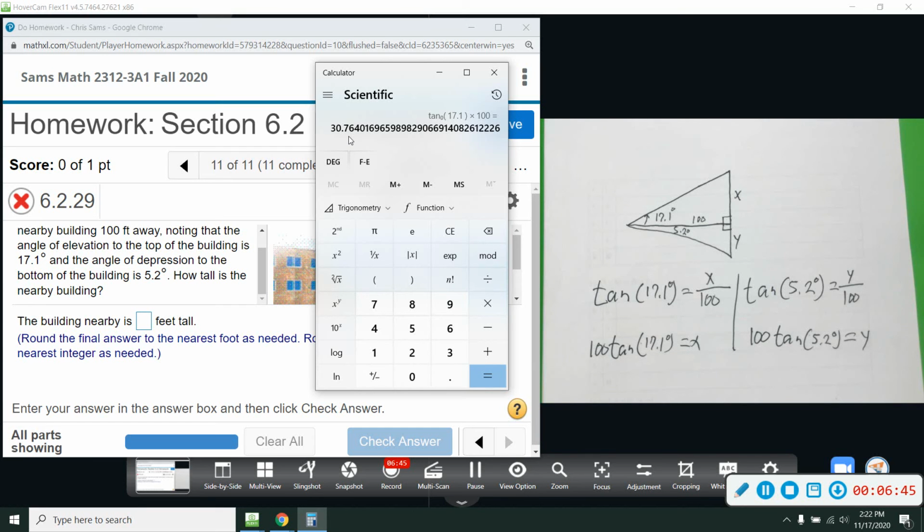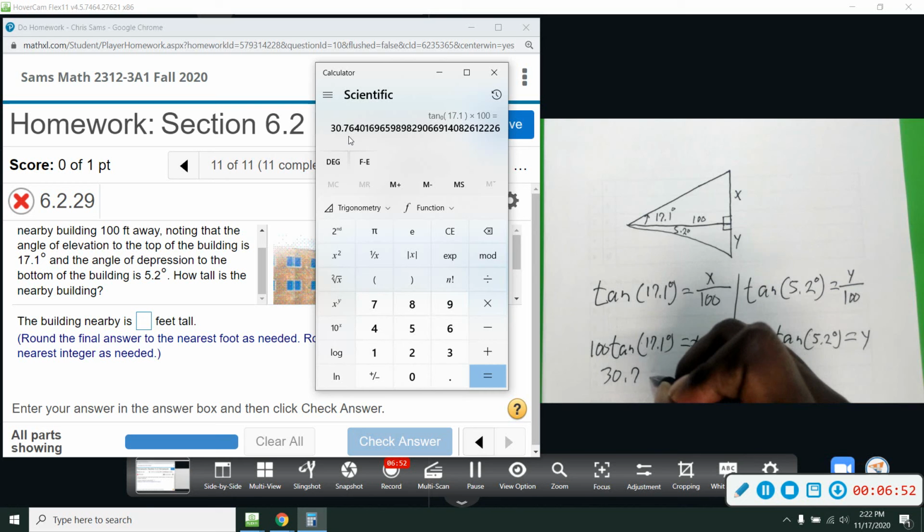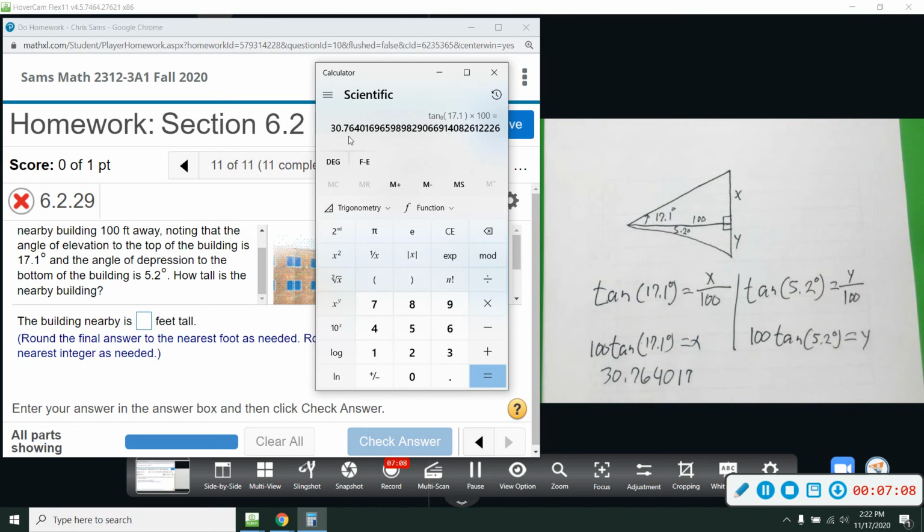So that gives us, let me just write down a few places. 30.76401. Let's just round it up to a 7. The more places you use, the better, because you don't want to round until the very end. So the more places I use is going to help me out with the rounding, because these are not whole numbers.